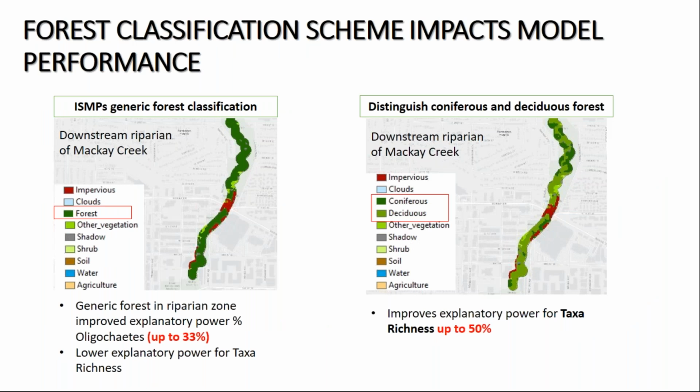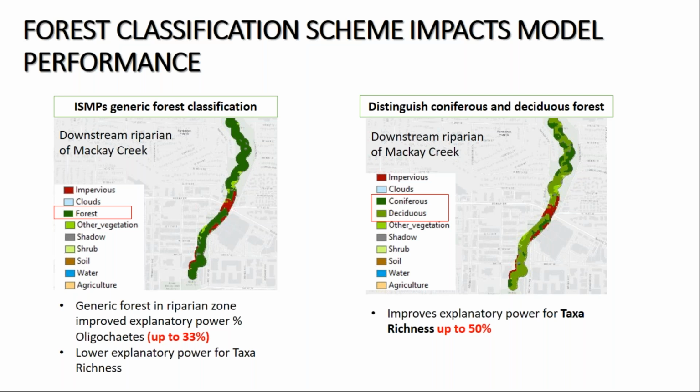The other thing we were able to spend some time on is determining how much the forest classification scheme actually mattered. For example, indicators used for ISMPs generally lump all forests together, so deciduous and coniferous forests would be clumped into a generic forest class.